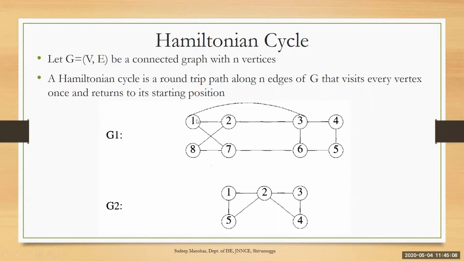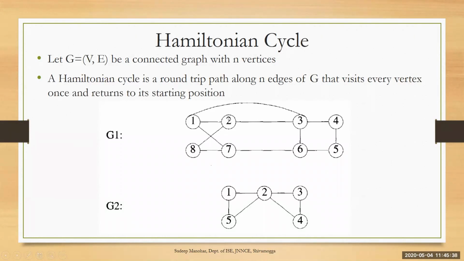If you take this example here, let the starting vertex be 1. If I start from 1, can I cover all the vertices and come back to 1? Is it possible? So we'll see. I can start from 1. There are 2 paths from 1. I can choose 2 or I can choose 7. I'll go to 2, come to 8, then 7, 6, 5, 4, 3, and back to 1.